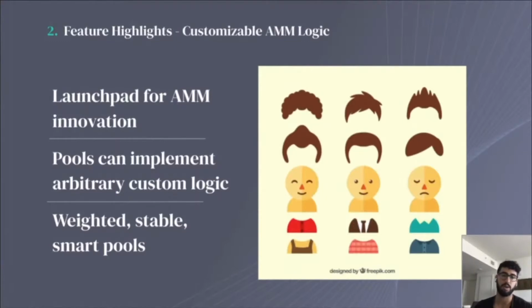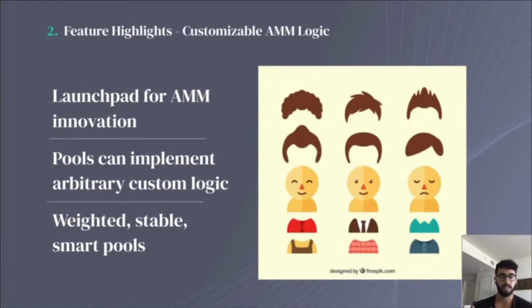On Balancer V2, any developer can build their own AMM logic and deploy a Balancer pool that uses it. This turns Balancer into a launch pad for teams to innovate with AMM strategies. They can do that without worrying about a lot of the heavy lifting they would have to do if they were building a whole AMM from scratch: the low-level token transfers, the whole accounting system, the security checks, the smart order routing.